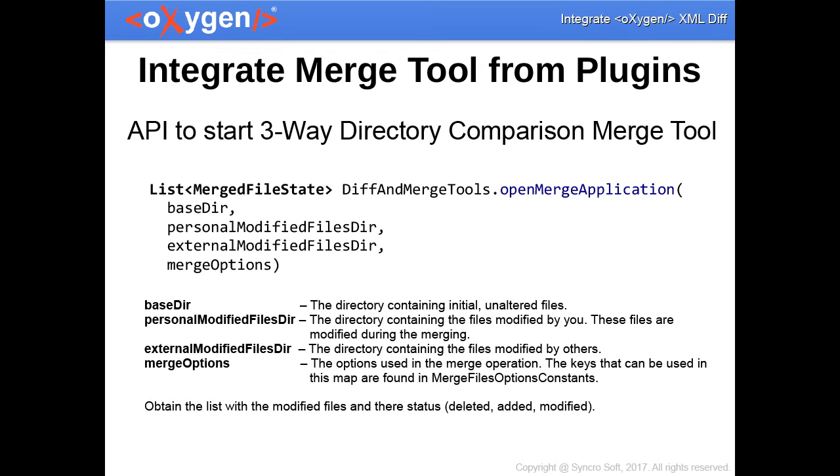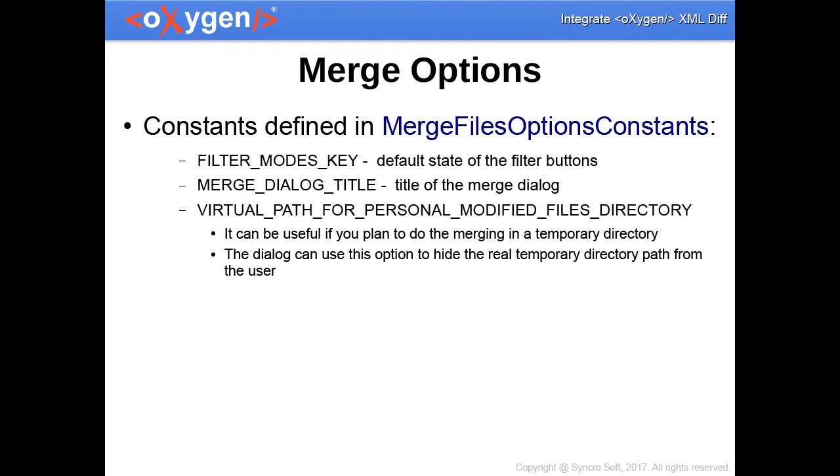And as options, there are three options available right now. There is the filter support, and there is the merge dialog title that can be customized. But the most important one is that you can pass a virtual path.